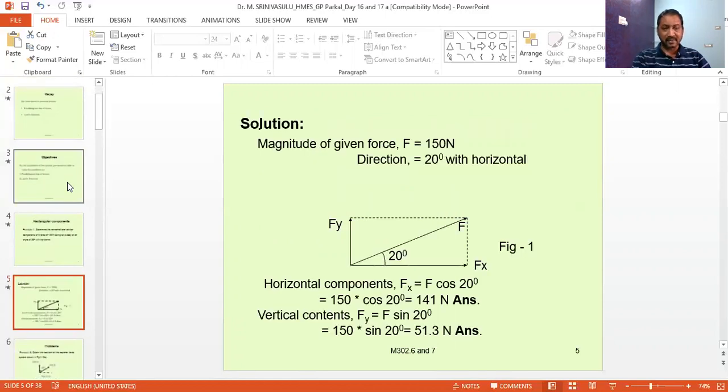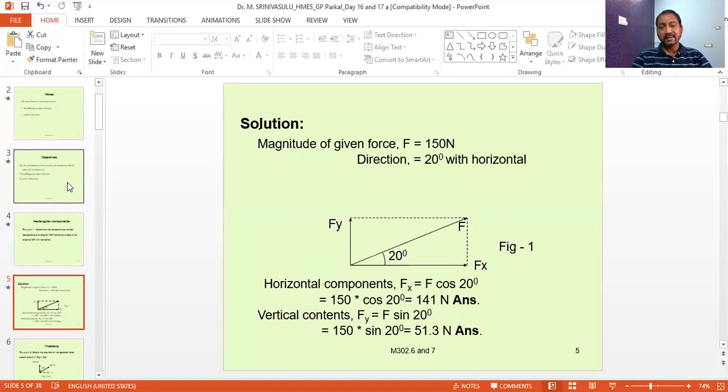Now coming to the solution part. First of all, we have to write down the given data. By writing the given data, we will come to know what is given and what is to be found out, and by using a suitable equation we can find out the unknown value.